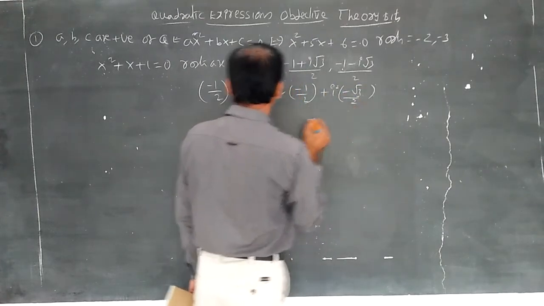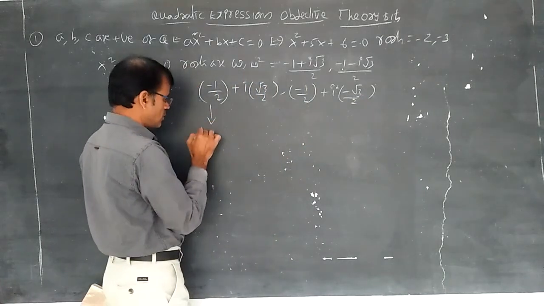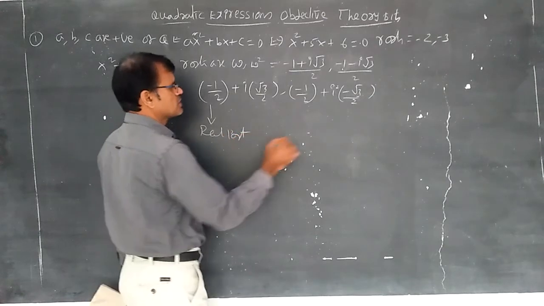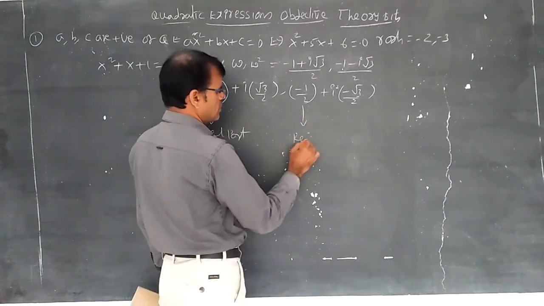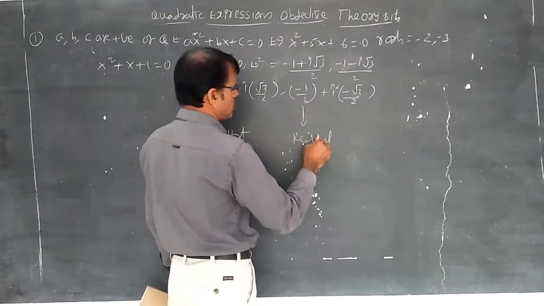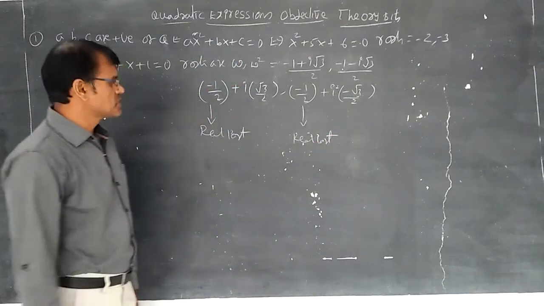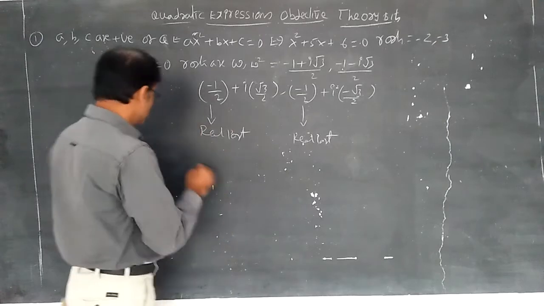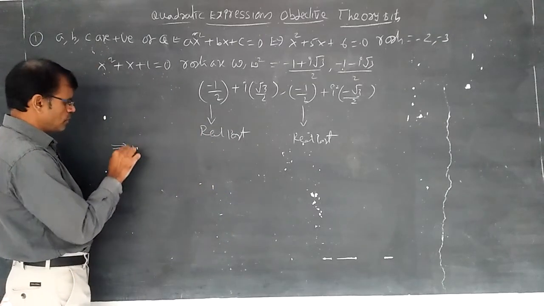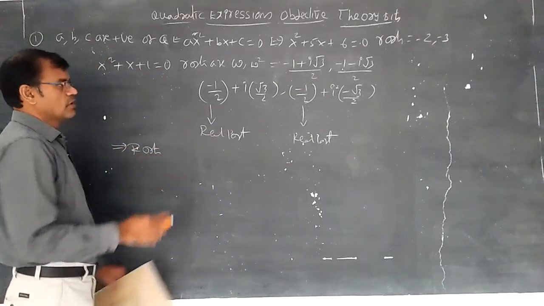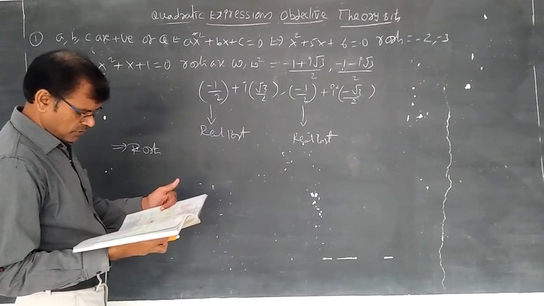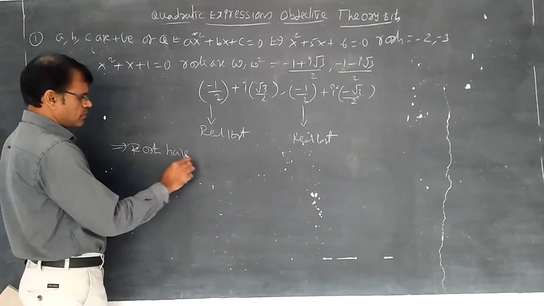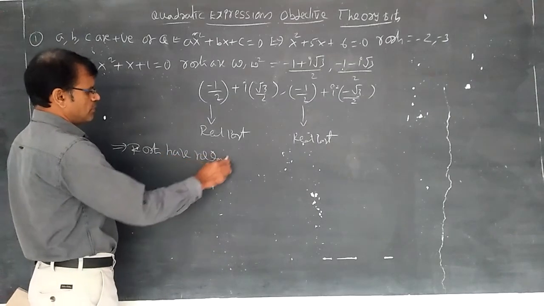Observe this: this is the real part, minus 1 by 2, and here also minus 1 by 2 is the real part. So what can you say? The real part is negative. So that implies, according to the options, it is the third option: roots have negative real parts.